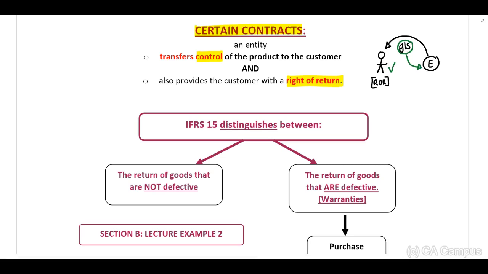Now, IFRS 15 distinguishes between two differences. The one is where the return of goods are not defective, and the second where the return of goods are defective, and this we will call warranties.